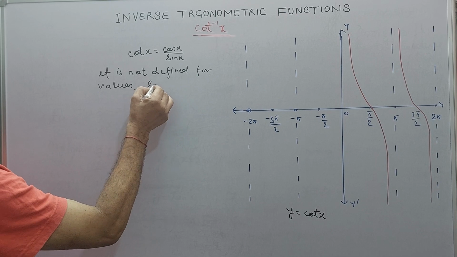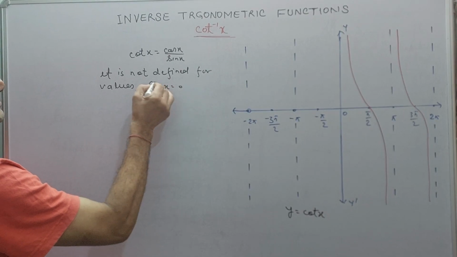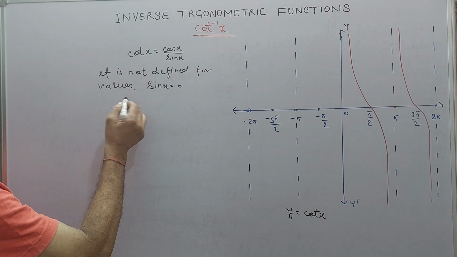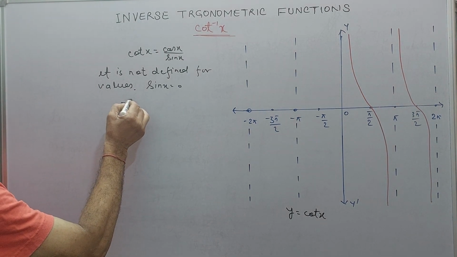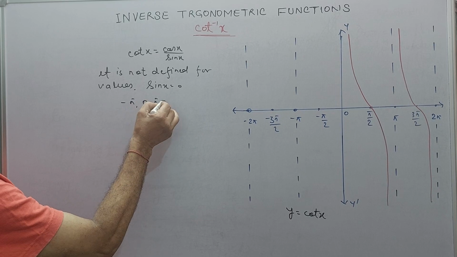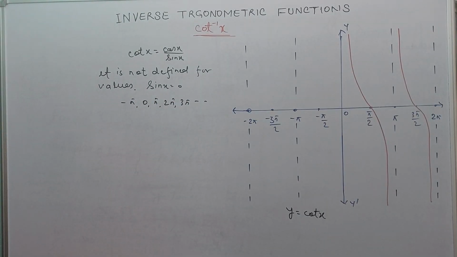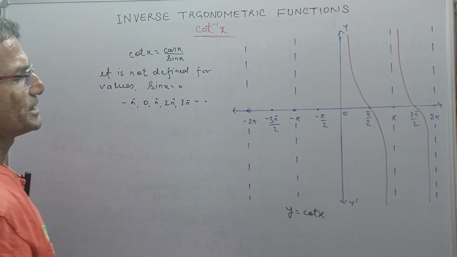Sin x will be zero for the values 0, minus pi, pi, 2 pi, 3 pi, etc. For these values sin x is equal to 0, so the cot x will not be defined.